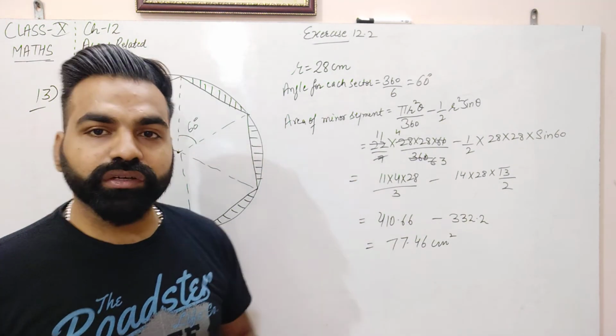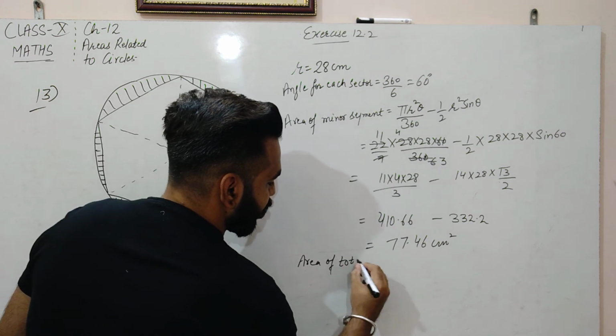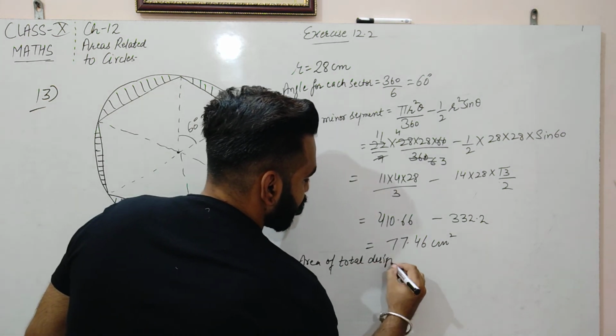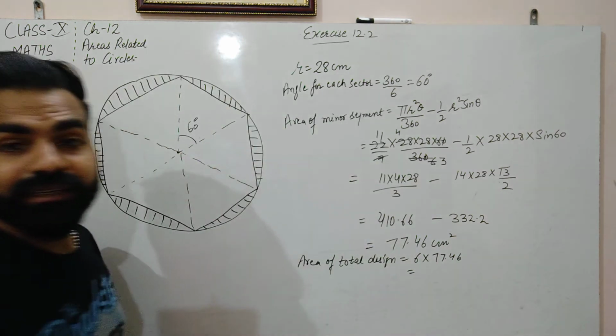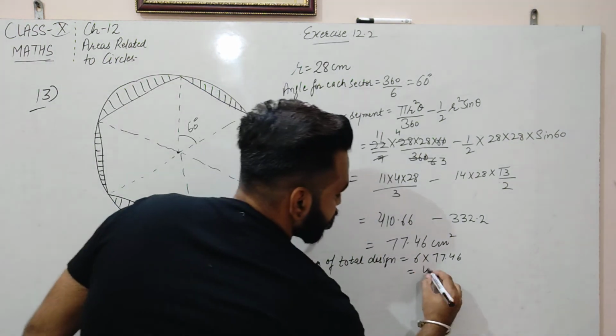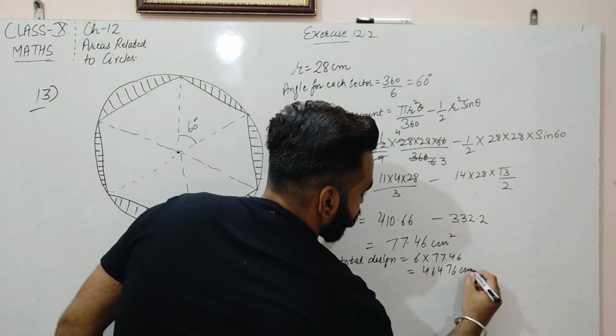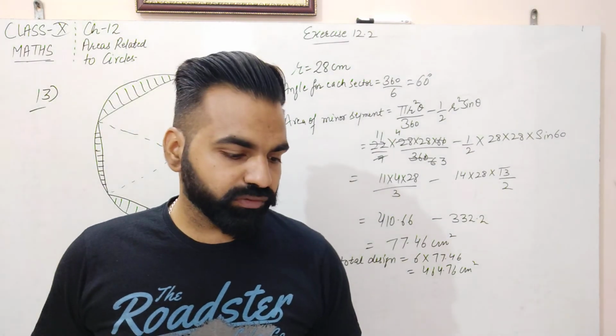So the area of the total design: we need to multiply it by 6 because there are total 6 minor segments. So this will be equals to 464.76. And now at last we need to find the cost for design.